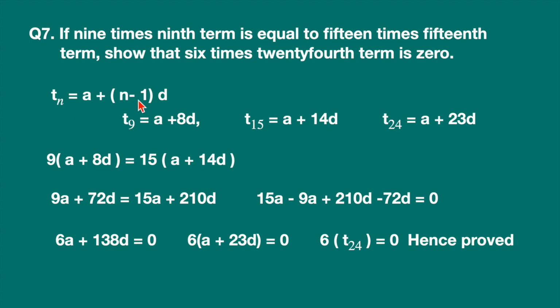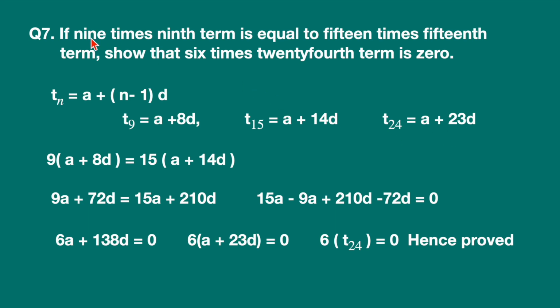So you get 9 minus 1, that is 8. So a plus 8d. What is the 15th term? We need the 15th term also. The 15th term is a plus 14d. Here if you put 15, 15 minus 1 is 14d. The 24th term also we will find out. So T24 is equal to a plus 23d.